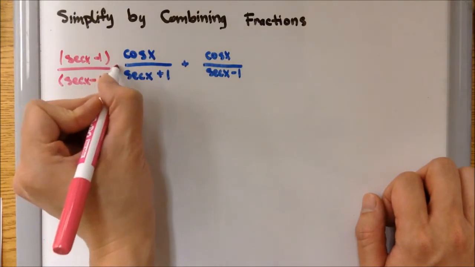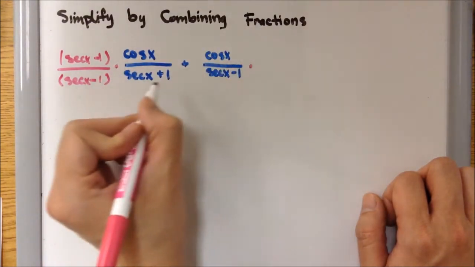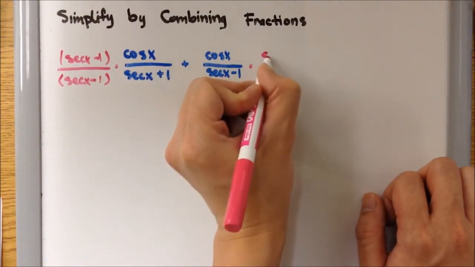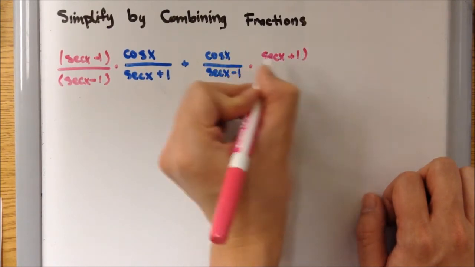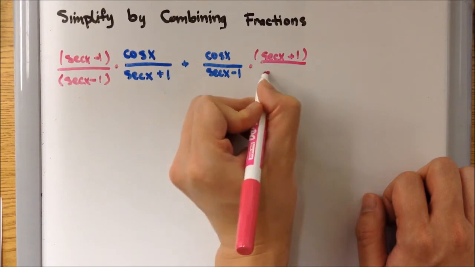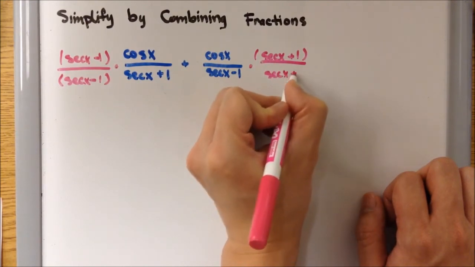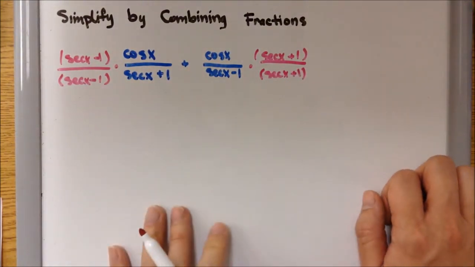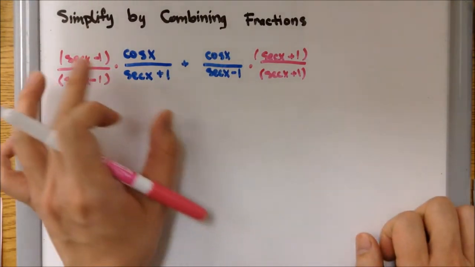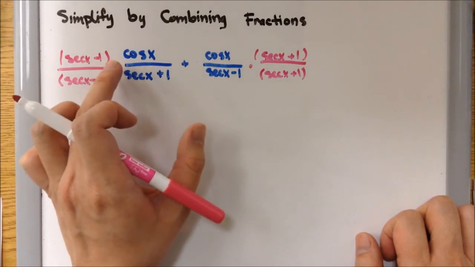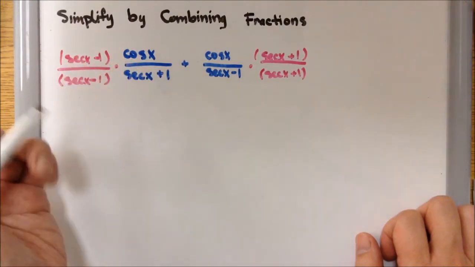And then on the right side, the right fraction, I'm going to multiply by this. So secant of x plus 1 over secant of x plus 1 again. So I'm going to actually keep these separate for now.